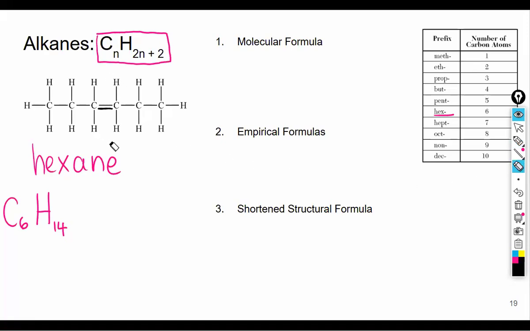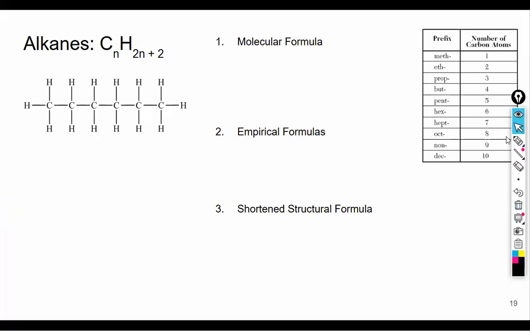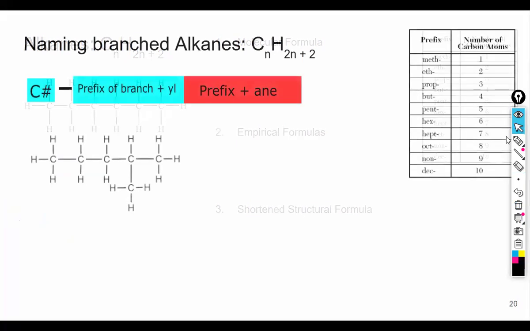Alkanes do not have double bonds. All the bonds will always be single every single time. I just wanted to make that clear. Later on, you're going to be seeing some organic compounds with double bonds.